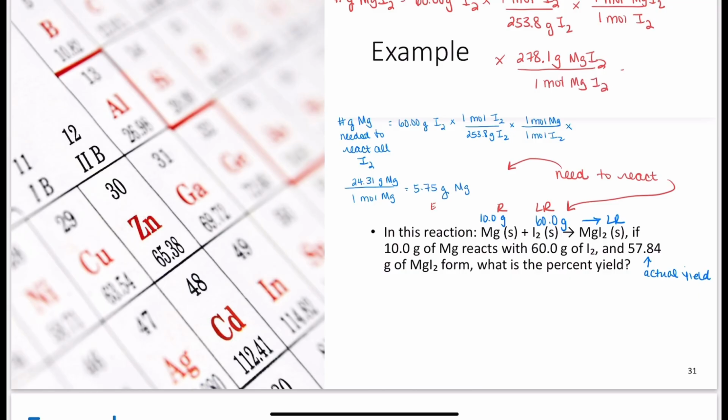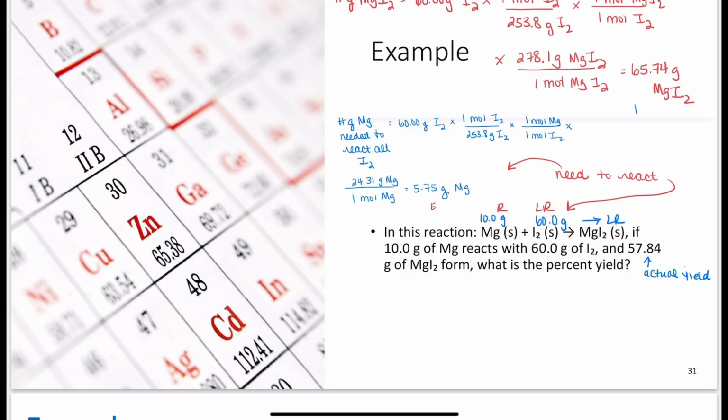What I'm going to do though is I'm just going to say how many grams of magnesium do I need to react all of my I2. So I'm going grams of one to grams of the other. I have 60.00 grams of I2.